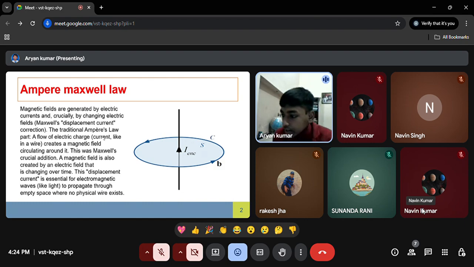So, Saksham, did you understand this slide? No, Aryan. Okay, so this says that light is an electromagnetic wave, and it travels through space at the speed of light. It also says that a magnetic field is also created by an electric field that is changing over time.